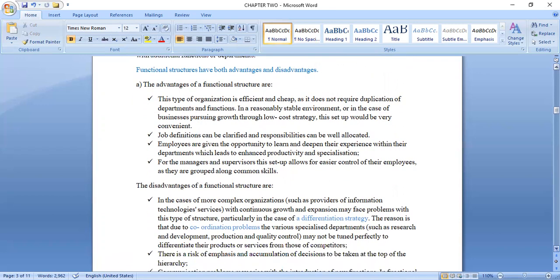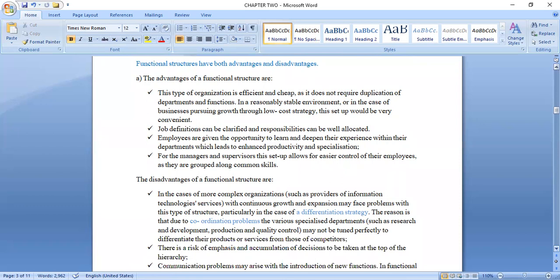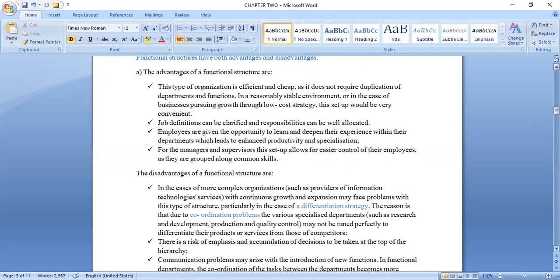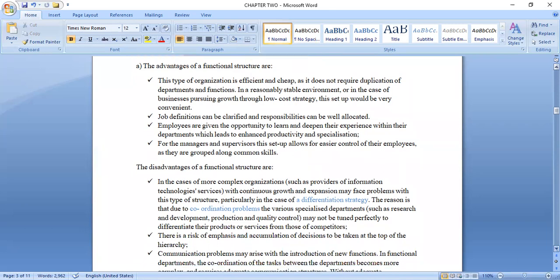Then secondly, these functional structures help in allocation of responsibilities, right? Of course, these functions, we've seen, are categorized further into departments, and each department has a number of responsibilities that they do, right? So it helps these workers to be able to know their responsibilities.